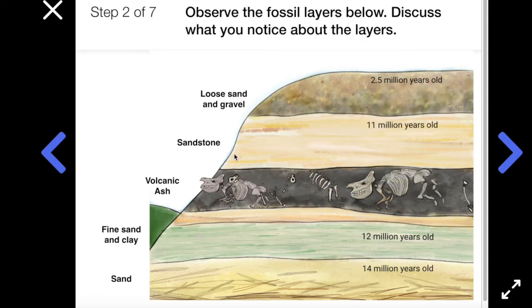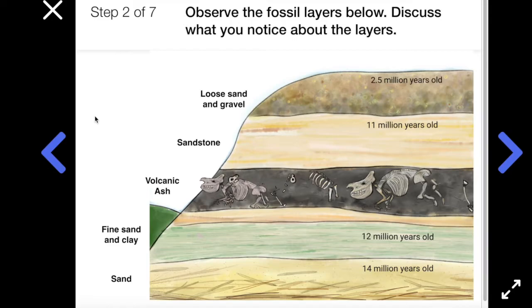Below that was some sandstone from 11 million years ago. Then there was the volcanic ash with the rhinos in it. Underneath that was a layer of fine sand and clay from 12 million years ago. And underneath that was a layer of sand from 14 million years ago.